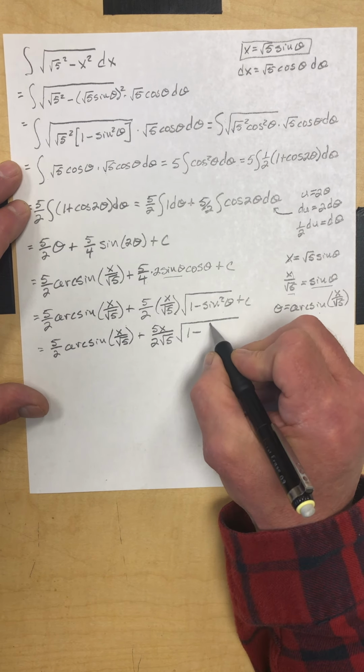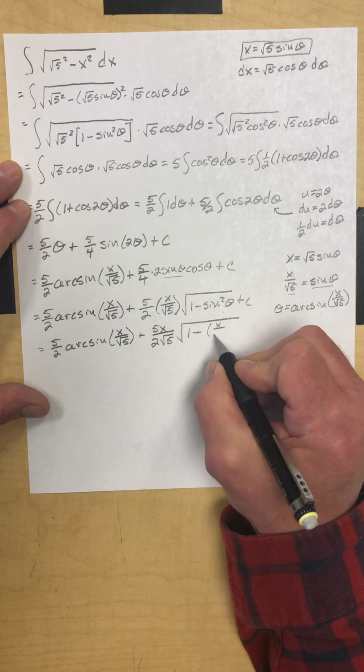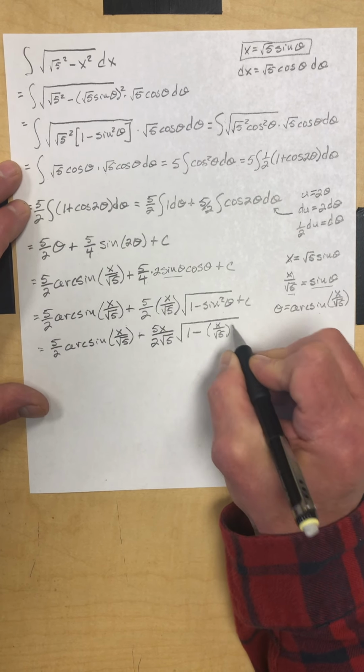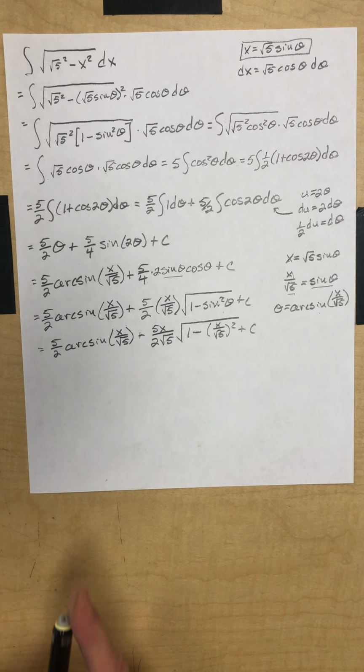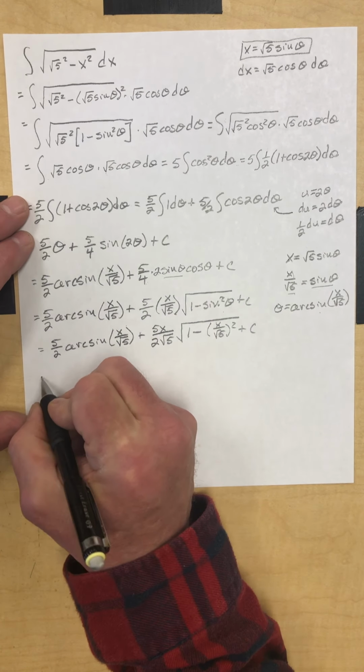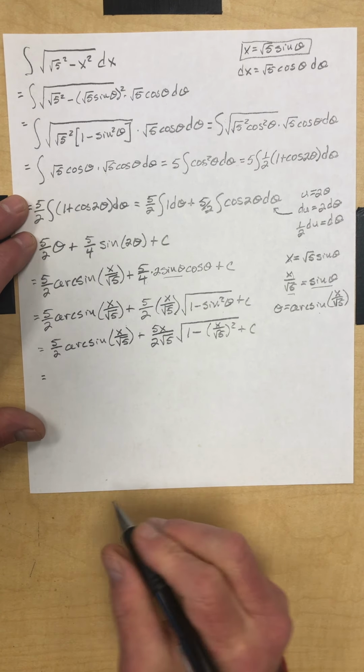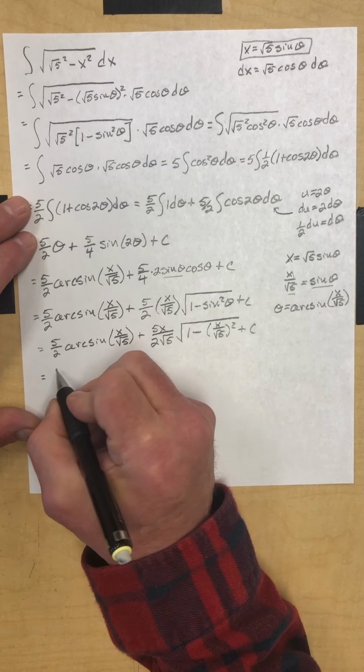So that would be x over radical 5 squared plus c. And notice that at this point, all of our thetas are gone. So now it's just a matter of cleaning things up. Again, I'll worry about the radicals at the very end.